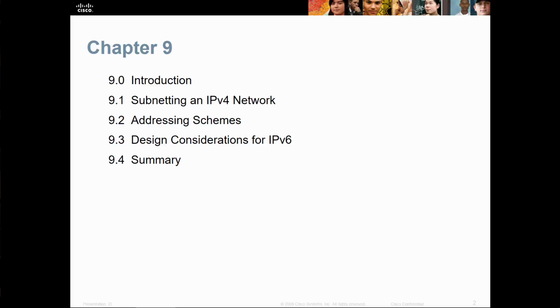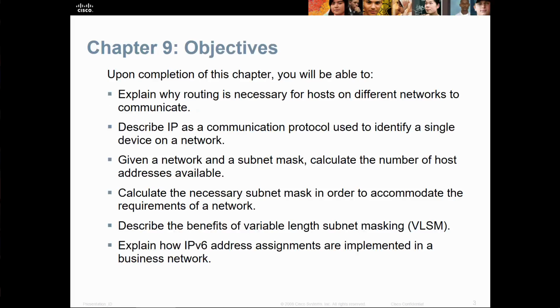So in Chapter 9, we're looking at how to subnet. We're going to be talking about address schemes and then some design considerations for IPv6. So upon completion of this, you should be able to at least understand what variable length subnet mask is. I have dedicated videos on VLSM.